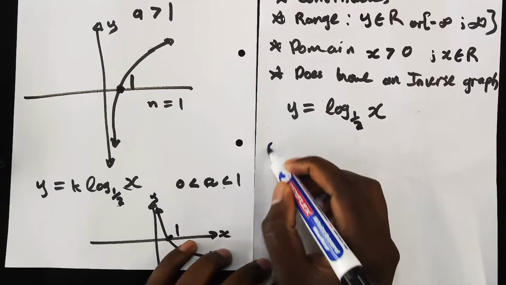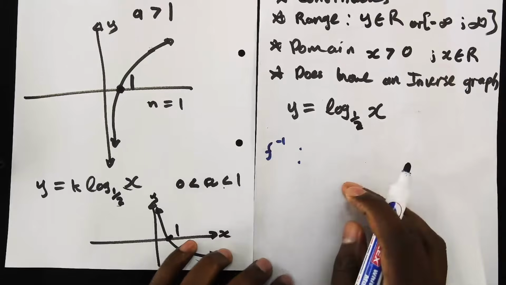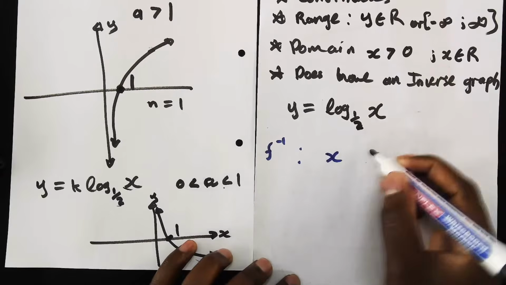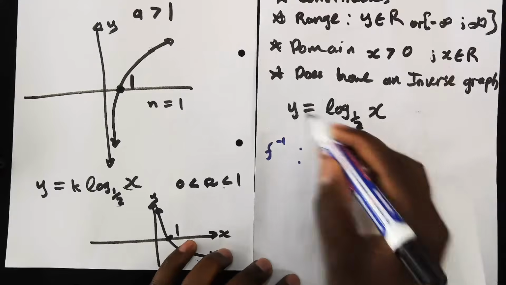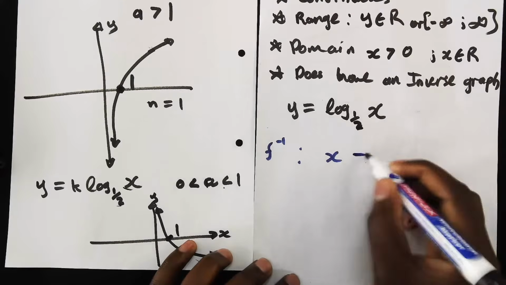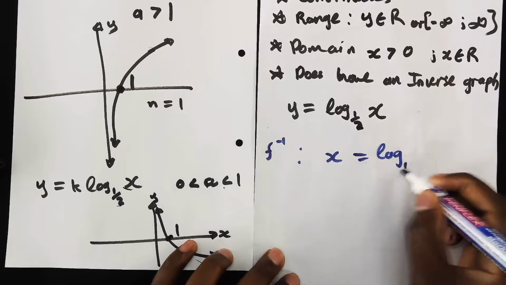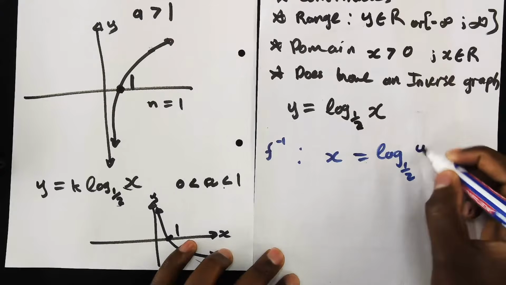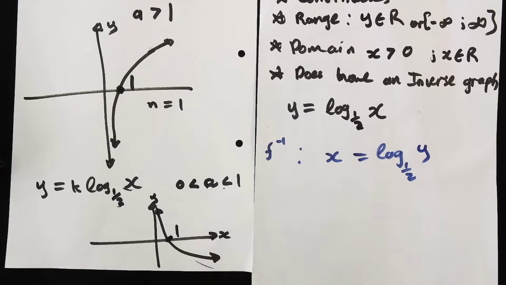So if we are looking for the inverse of the function, we replace y by x, and we'll say x equals log base 2 of y. Always, functions must be in terms of y, so you must make y the subject of the formula for your inverse function.